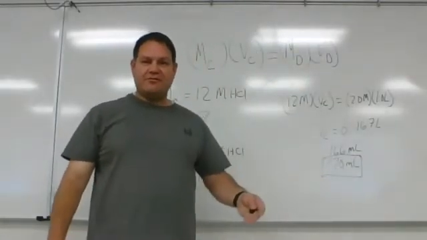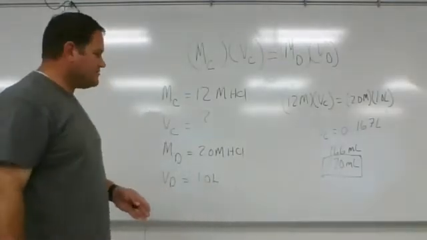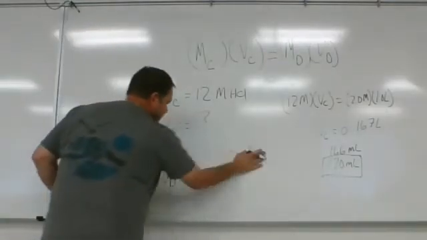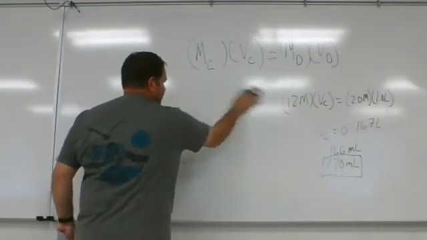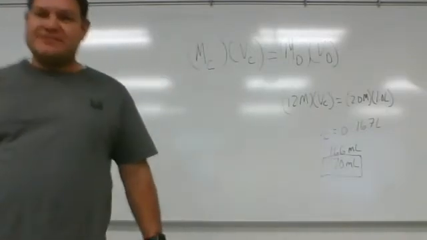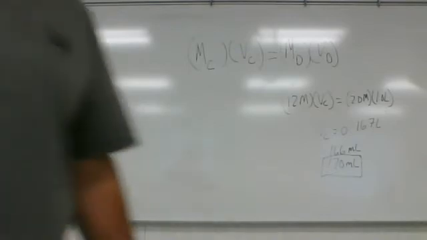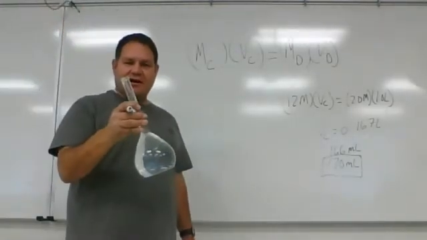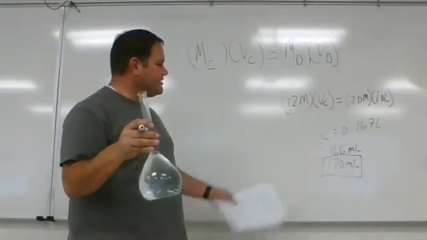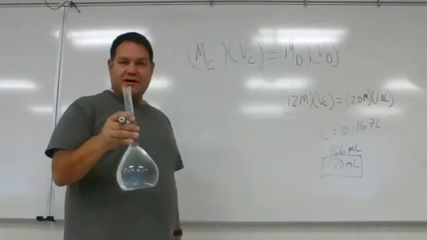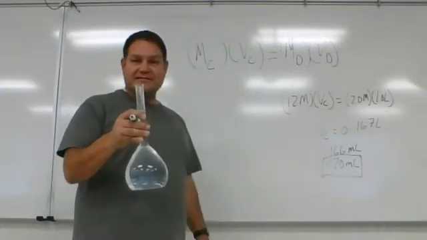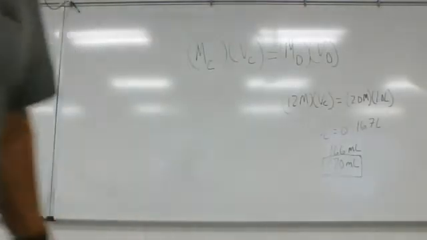Okay, so how do I go about doing that? I'm going to erase this right here and draw a diagram of how you're going to do this. Remember I showed you our solution that we made of sodium hydroxide. Well, let's pretend that this solution is really our 12 molar hydrochloric acid solution. So here's my 12 molar HCl solution.